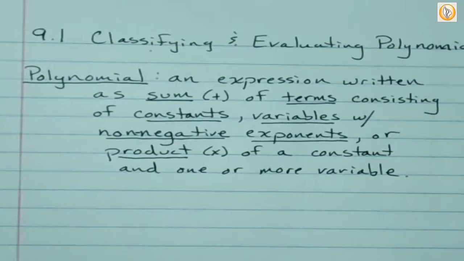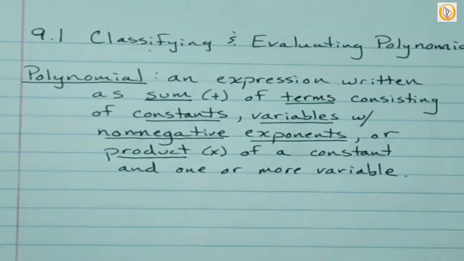This is the way the math world writes it, but it's really like a math sentence that is separated by groups or terms by plus or minus sign, consisting of constants. What are constants, Taylor? Numbers. Yeah, numbers. Constants are numbers. Why they can't say that, I have no idea. It would make more sense. So it's basically groups of numbers and variables separated by plus signs and minus signs.